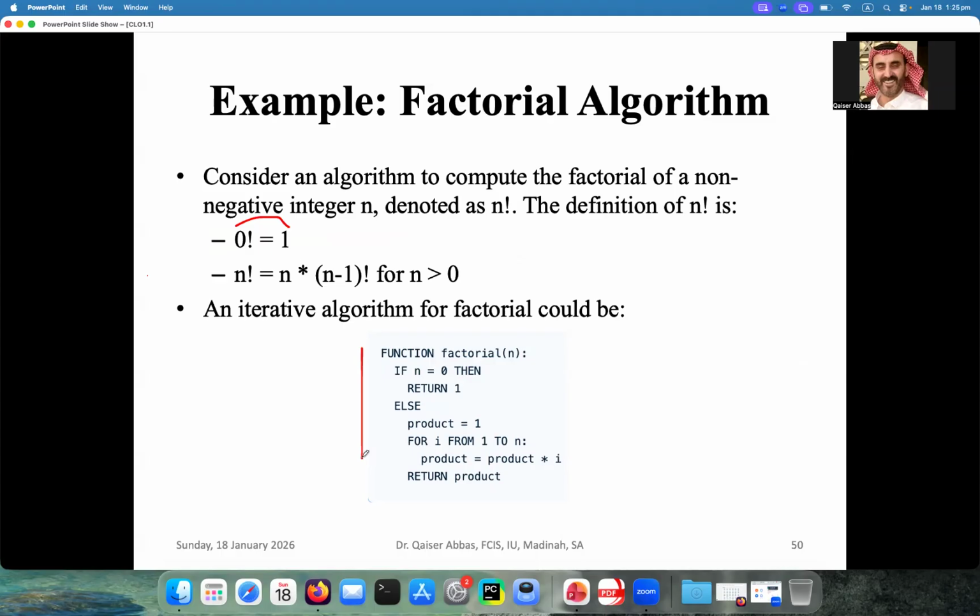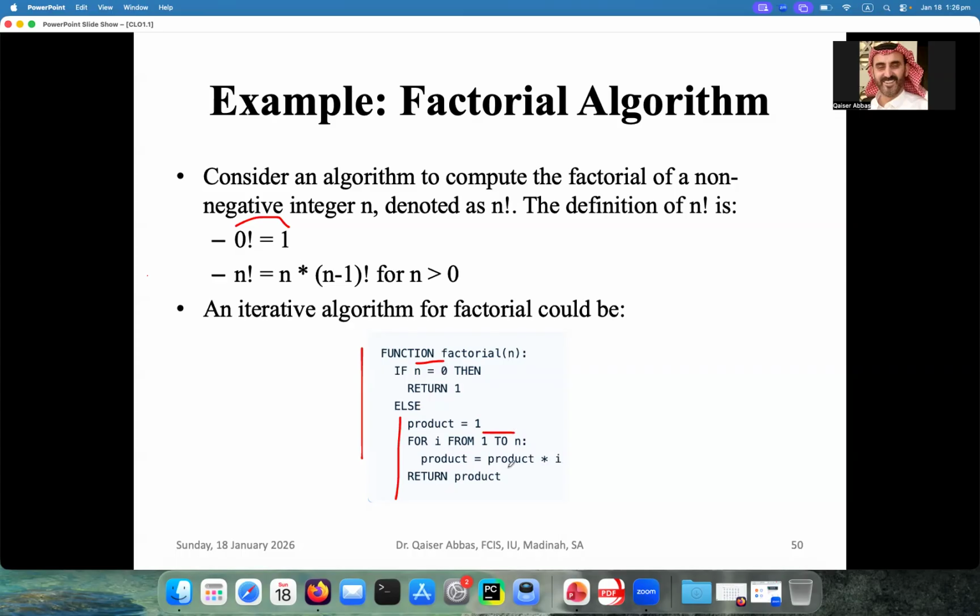If we give n equal to k, which is not 0, some other number greater than 0, the algorithm will come here: product equal to 1, for i equal to 1 to n. This loop will go from 1 to n.